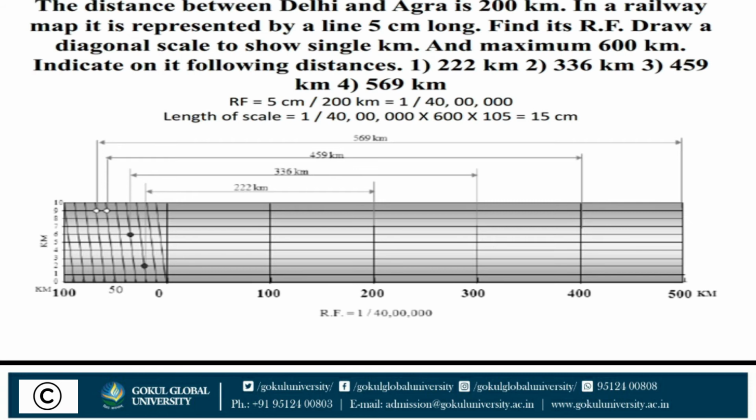Second one, 336 kilometers means 300 kilometers, main line and 36 subdivisions. Similarly, in the figure, 459 and 69 kilometers are shown.